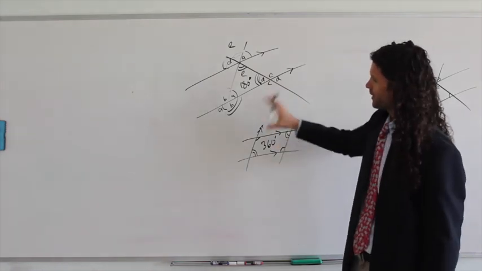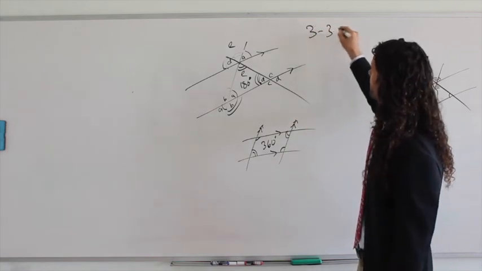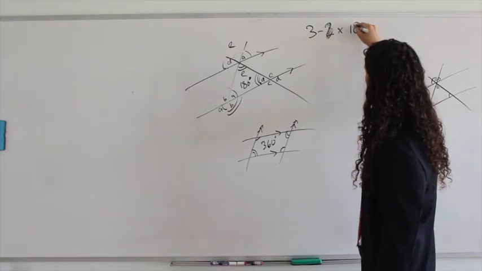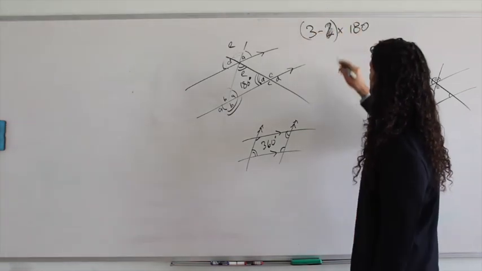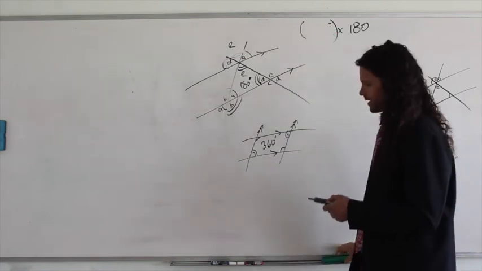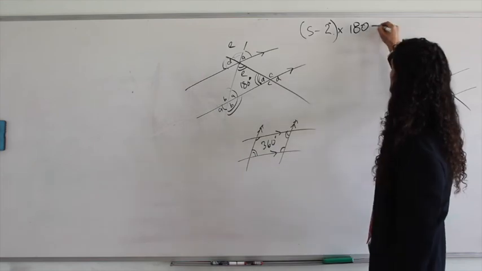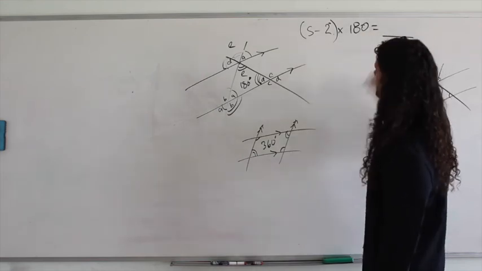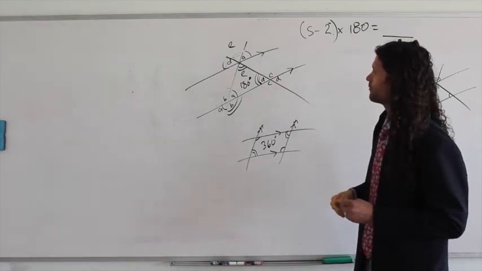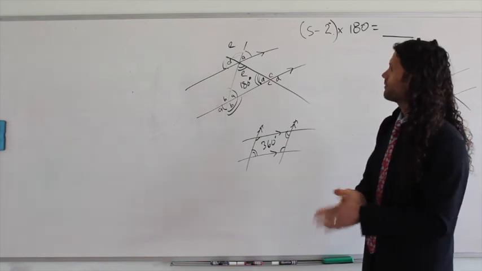And then we could apply this to a 5-sided figure, 6-sided figure, and what we end up with is the number of sides minus 2, times 180, equals the number of degrees in any regular many-sided shape, right?